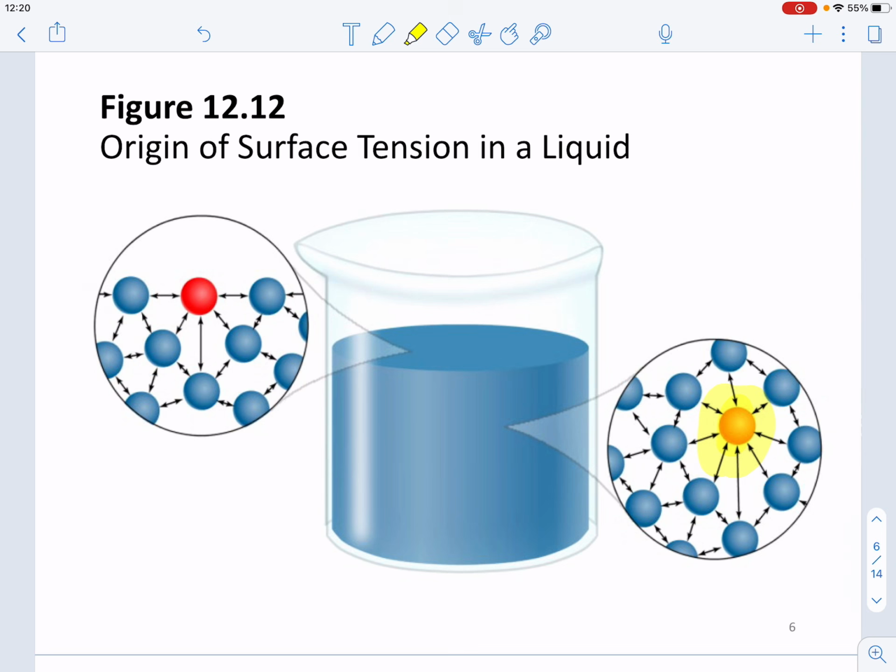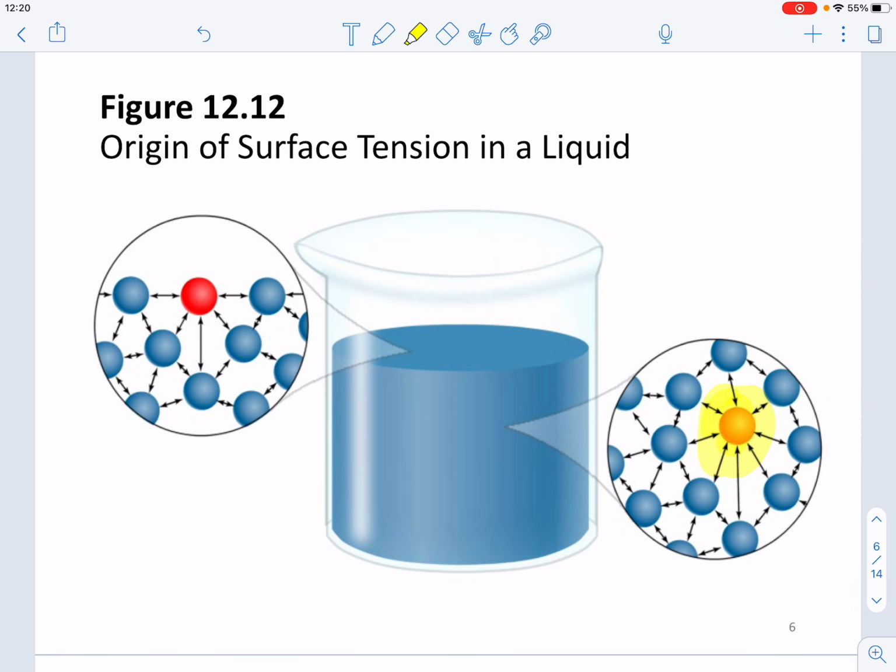In the center of the liquid, that molecule is completely surrounded by other molecules, so it's interacting with multiple particles in all directions. I don't want to say static equilibrium, but there is no net force applied to this molecule, so there is no reason for that molecule to go anywhere.